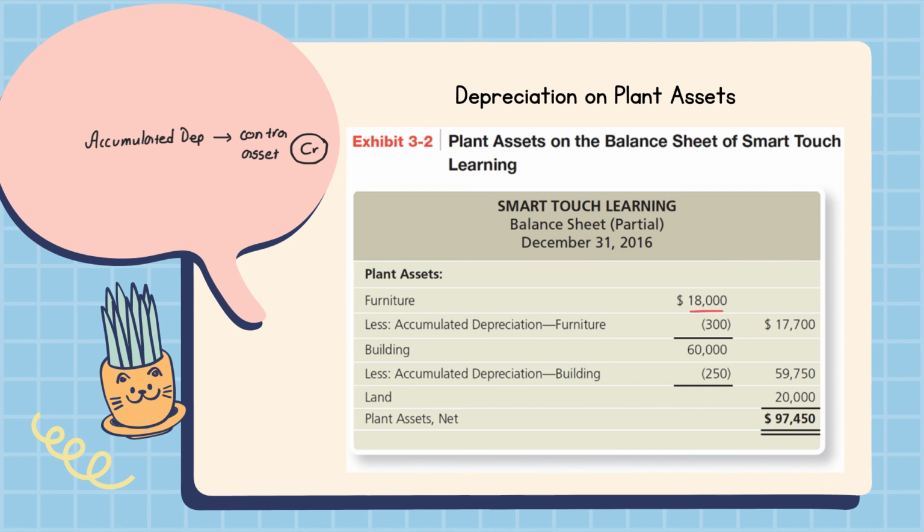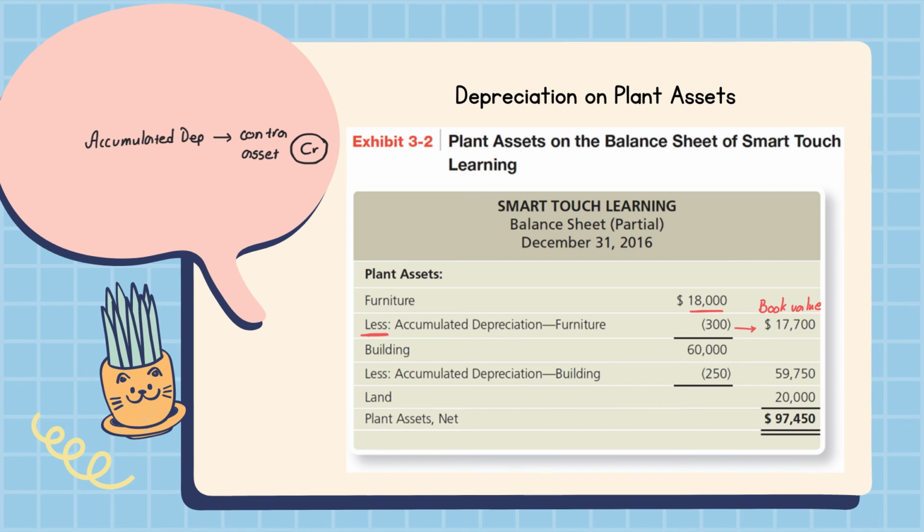I need to subtract the accumulated depreciation of 300 to get 17,700, and we call this book value, which means the value of the furniture in my books is 17,700. I bought the furniture for 18,000 and I used it by 300 until now, so the value of this asset is 17,700.